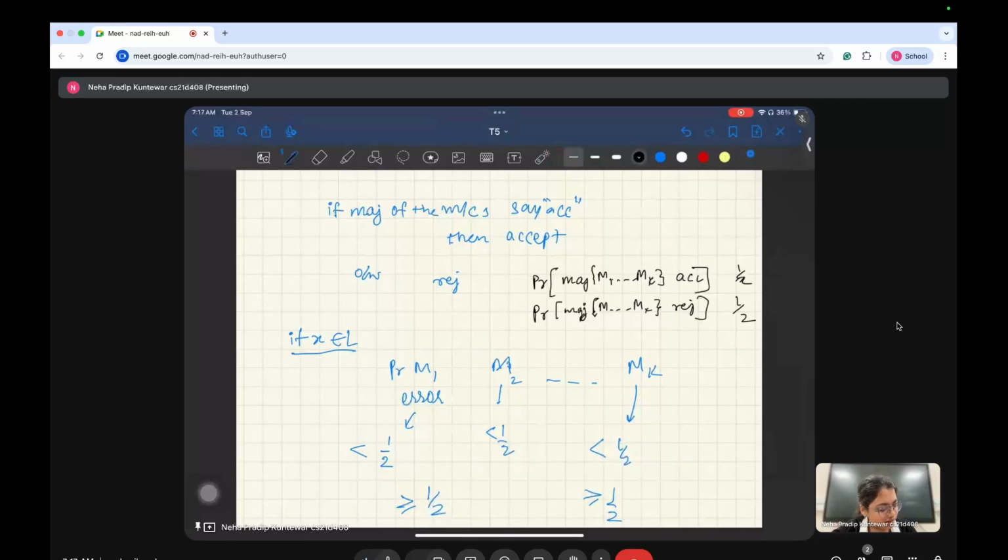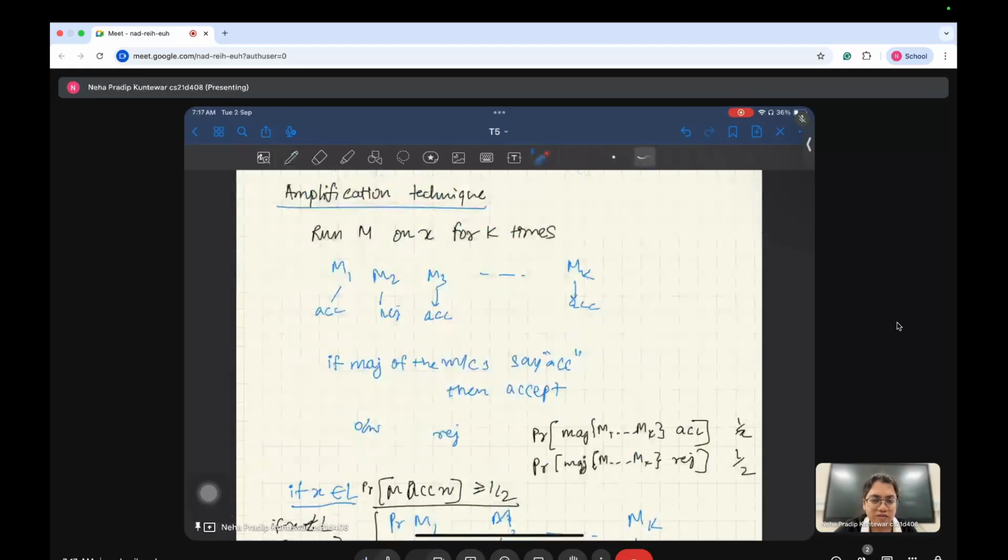The probability that M accepts x is still going to be at least half, and if x were not in the language, by the same analysis, the probability that M rejects x is again going to be at least half. So this amplification that we did is useless, because it didn't fetch us anything. We are still in the same situation.